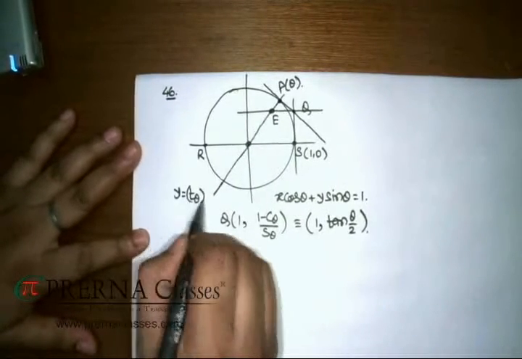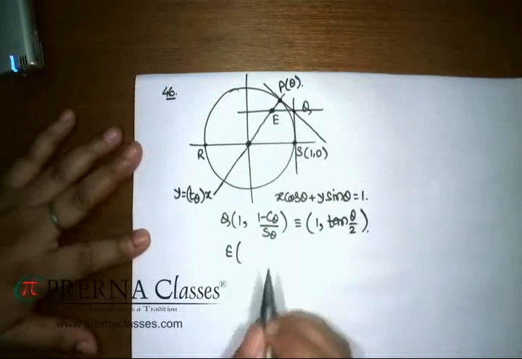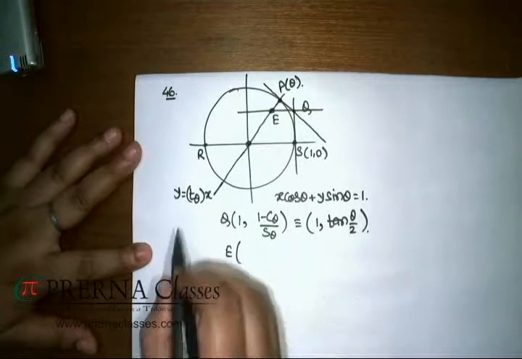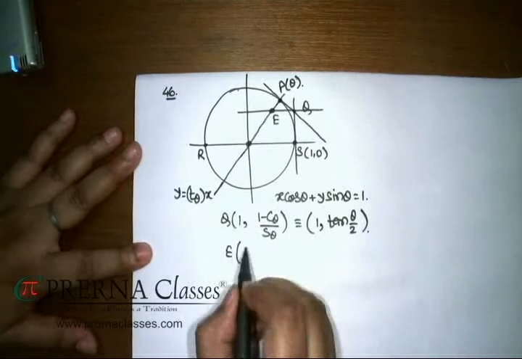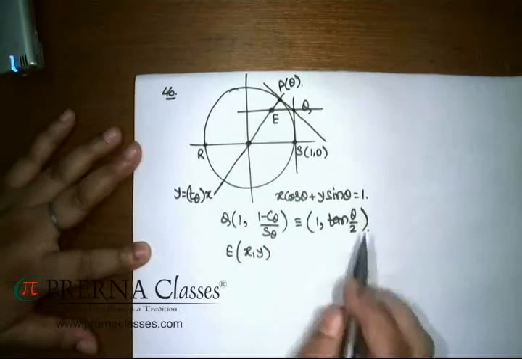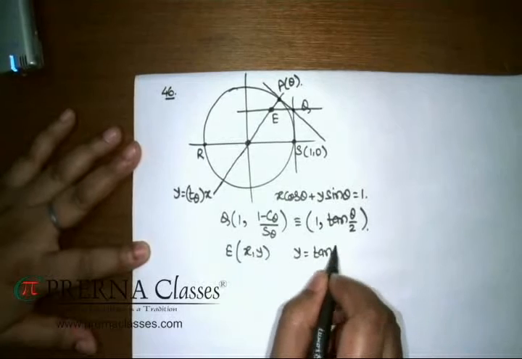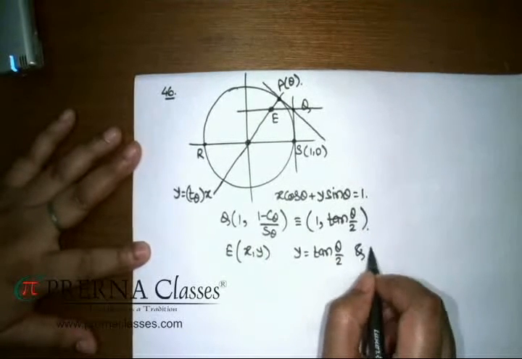Hence coordinate of E, I can figure it out as say (x, y), and this (x, y) must lie on y equal to tan theta by 2 and, or better say, y by x as tan theta.